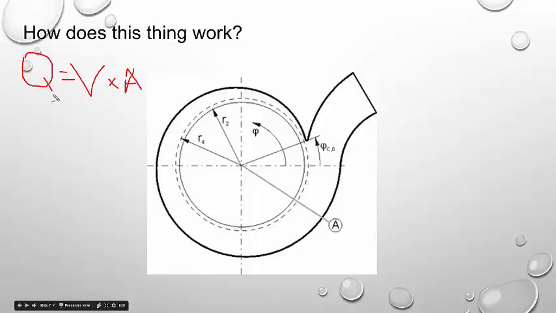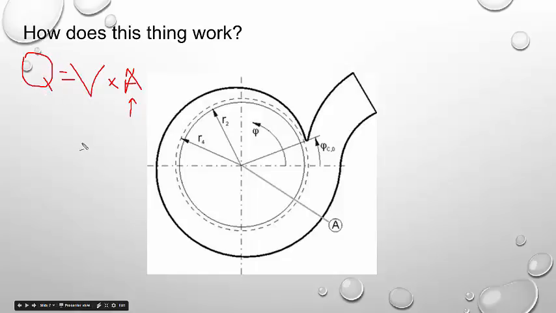The flow is continuous, it is constant. Q does not change. What happens is I change either the velocity or the area. So if I make the area increase, what has to happen to the velocity to keep this equal?